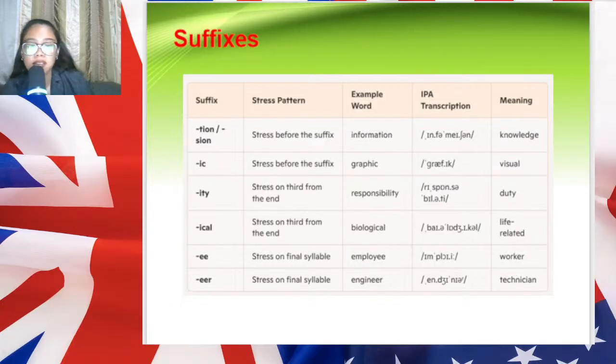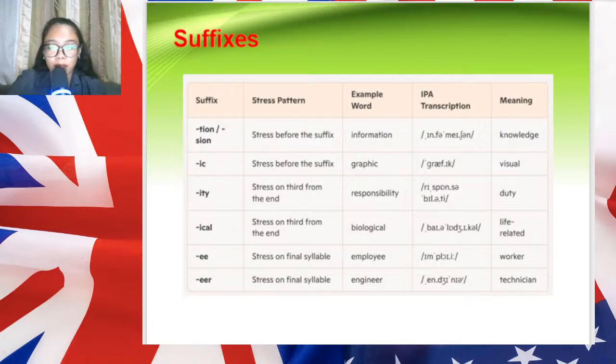Education uses the suffix tion, and listen to me when I say it. Education. Which of the four syllables did I stress? It's the third syllable, and the third syllable is right before tion.